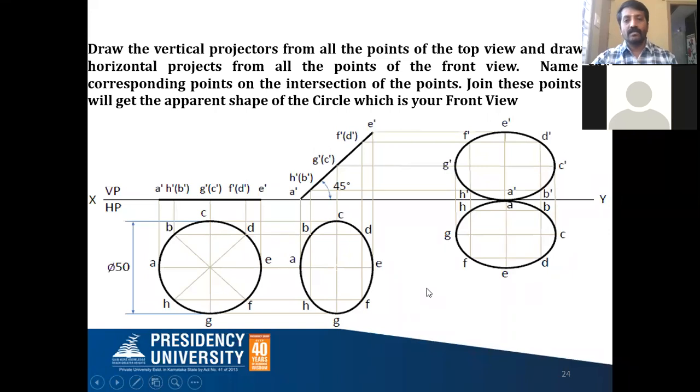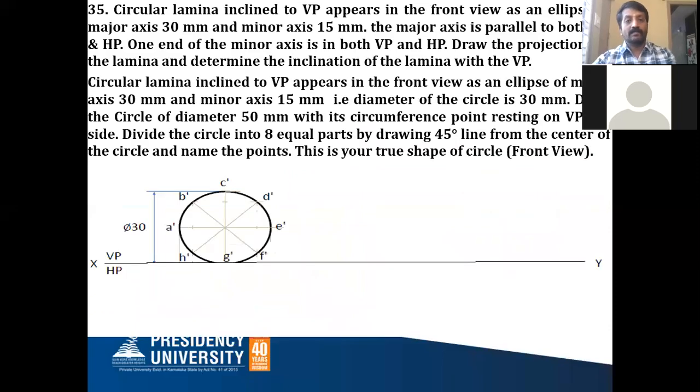So let me go to the last example. Almost it is similar to this. Only one particular point has changed here. This is the one. So what he has given here is exercise number 35.